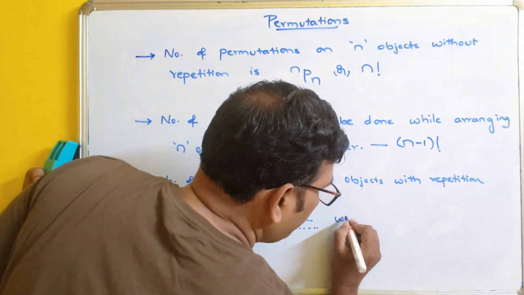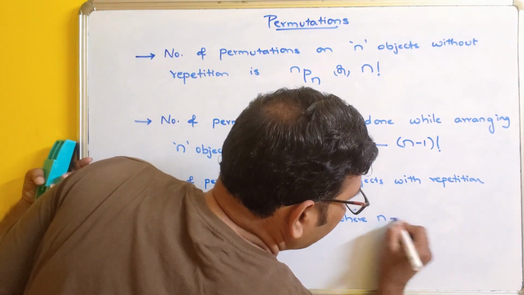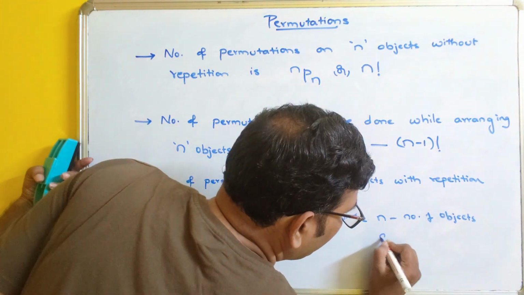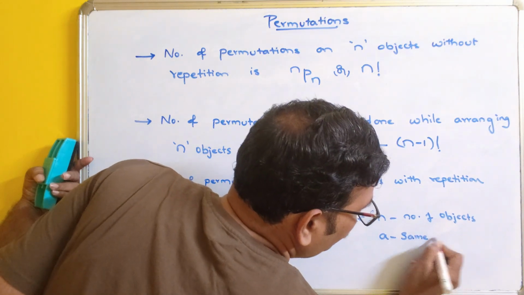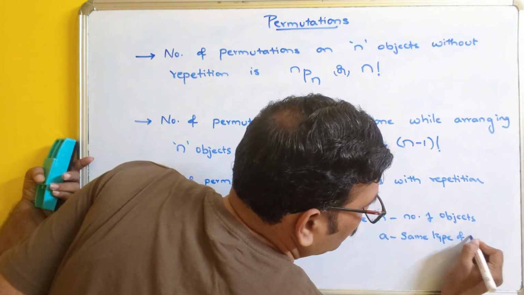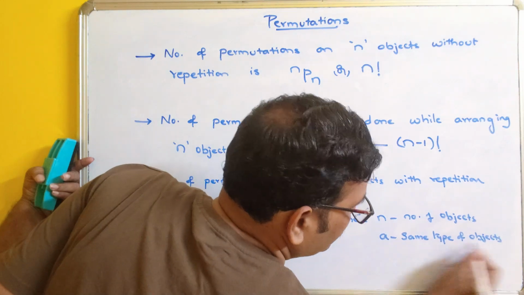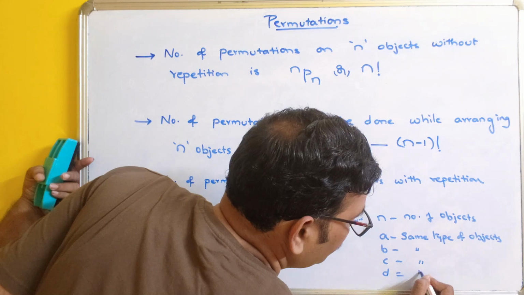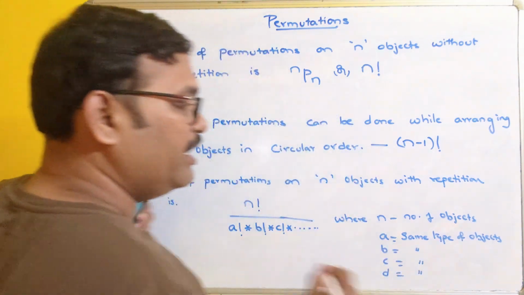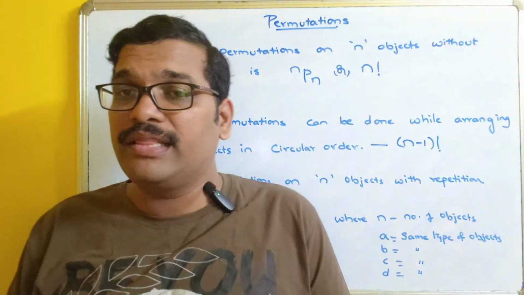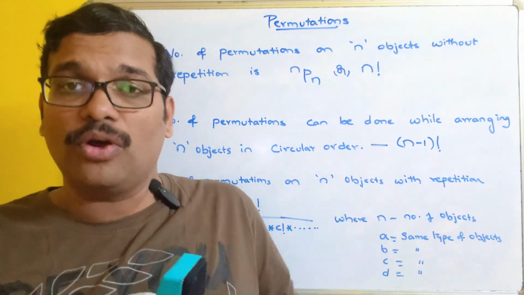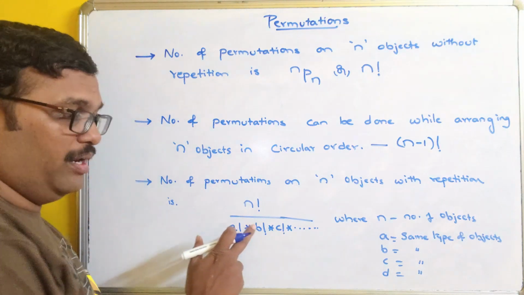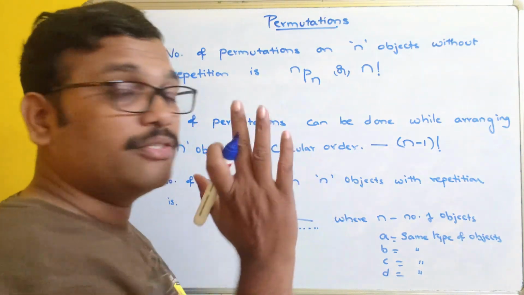Where n is the number of objects, a is the number of same type of objects, b is also same type, c is same type, d is same type. So we need to find the number of unique things and the number of occurrences of those objects, and apply this formula: n factorial by a factorial into b factorial into c factorial and so on.